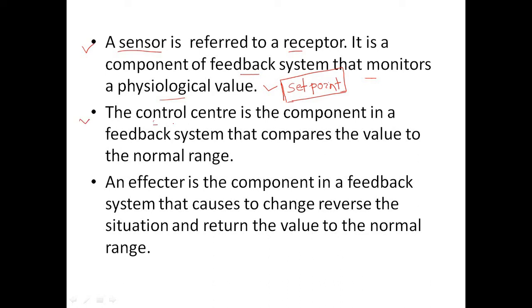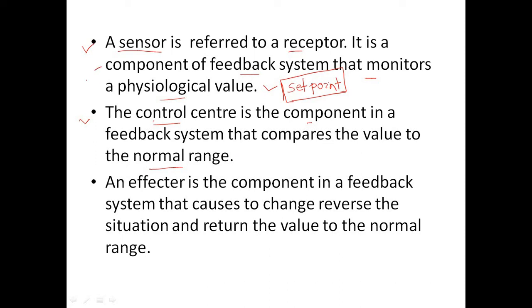Second one, what is the control center? The control center is the component of a feedback system that compares the value to the normal range. When the sensor receives a signal about the set point, the control center compares whether the set point is right or wrong.